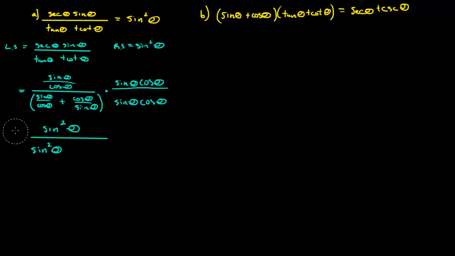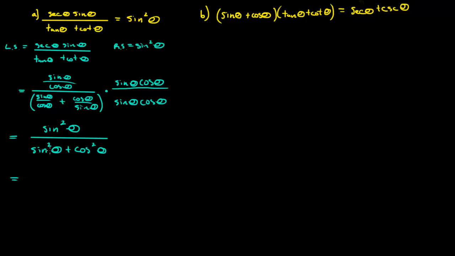With the second term, I have sine theta cos theta times cos theta over sine theta. A factor of sine theta is going to divide out, so I'm left with cos theta times cos theta, which is cos squared theta.